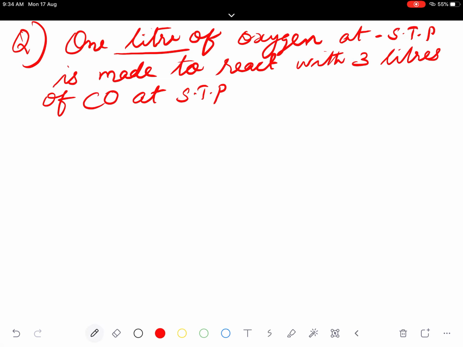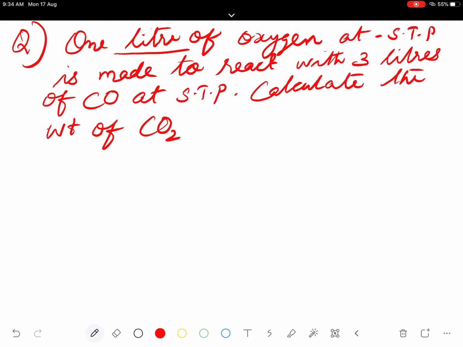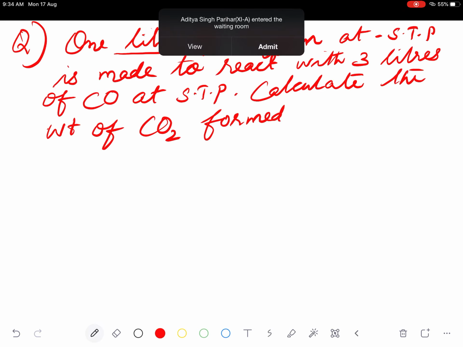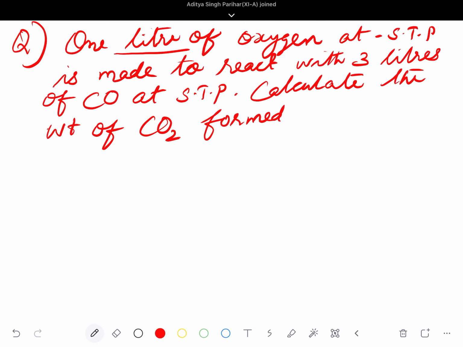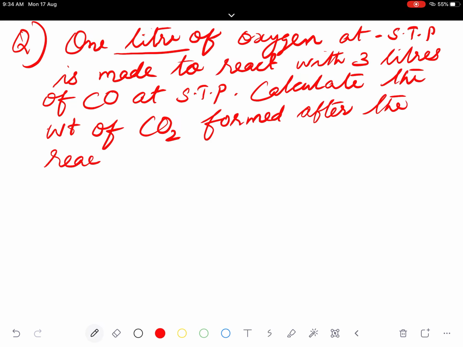Calculate the weight of CO2 formed after the reaction.